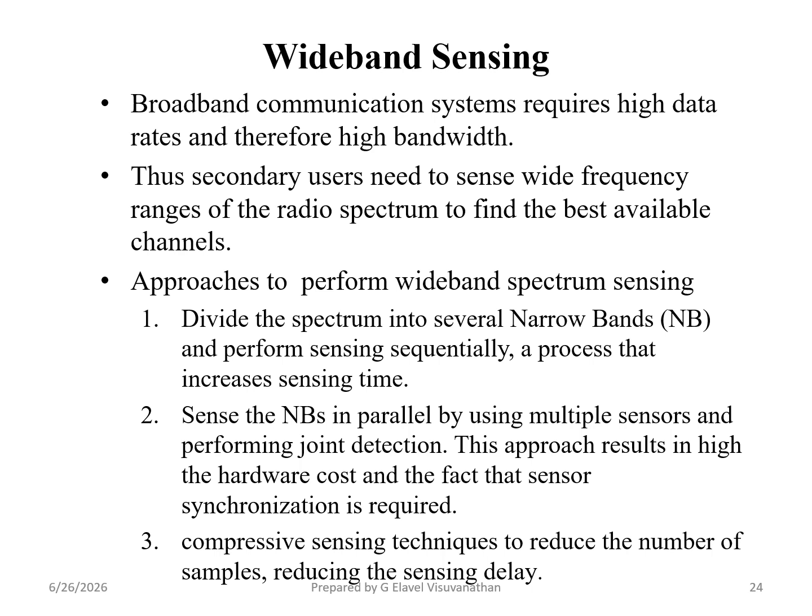This approach results in high hardware cost and the need for sensor synchronization. Compressive sensing technique reduces the number of samples and reduces the noise. So that is compressive RF sensing.